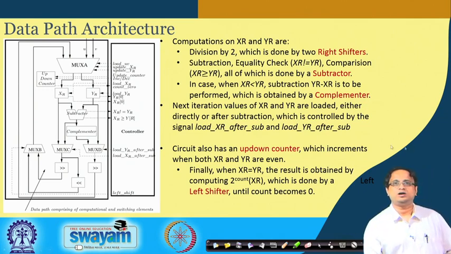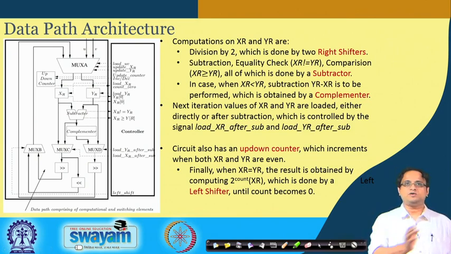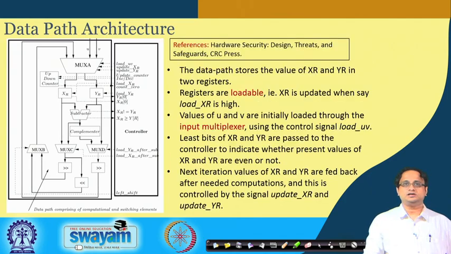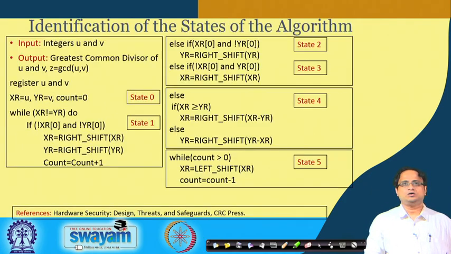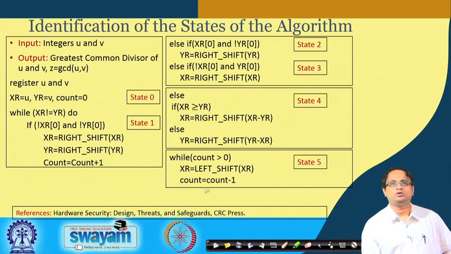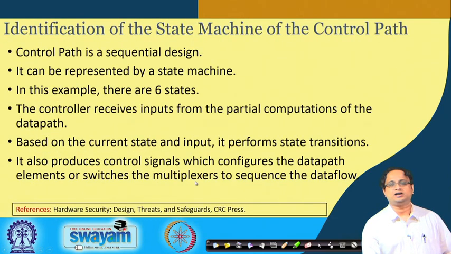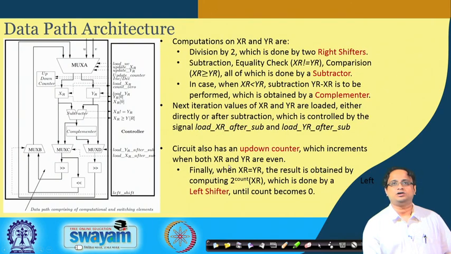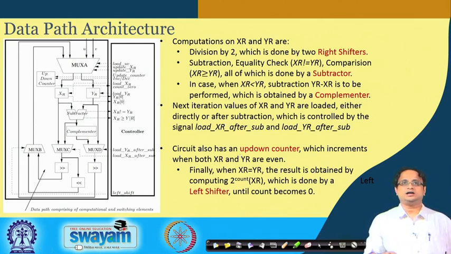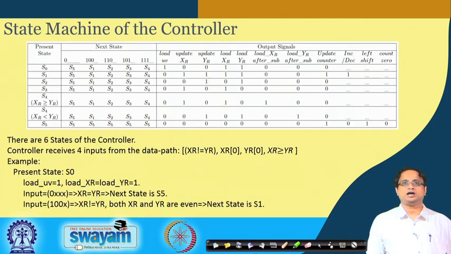Remember that when we were in this part of the loop, we were counting up, and when we are in this part of the algorithm, we are counting down. So the counter that we have should be a configurable counter. It should be an up down counter, which can count up as well as count down. That is essentially the elaboration of the data path of the algorithm.